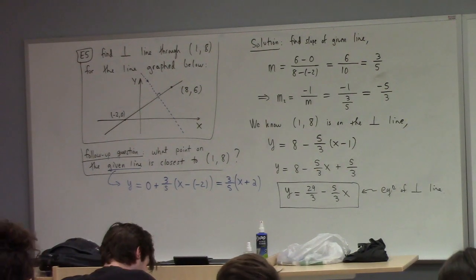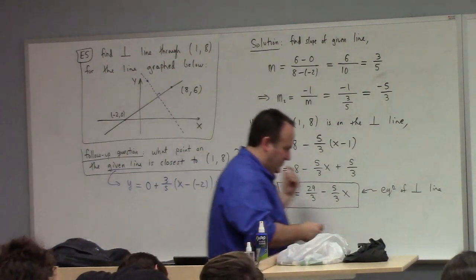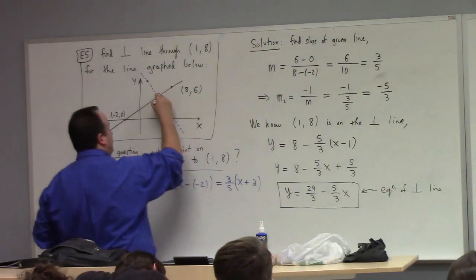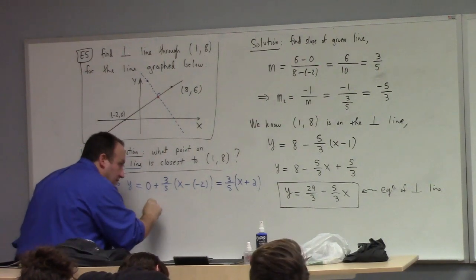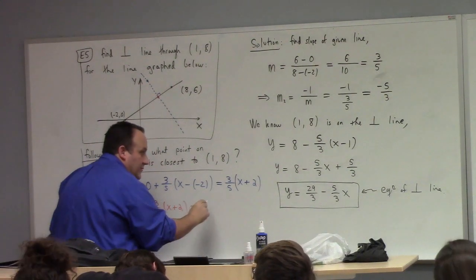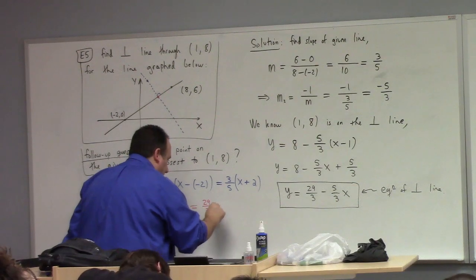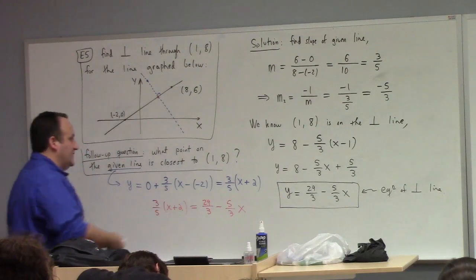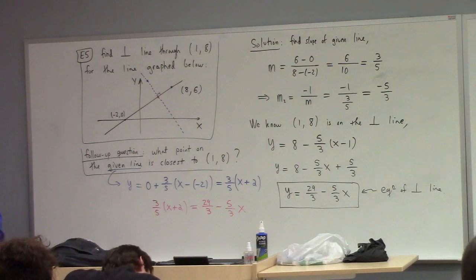So to find this point right here, I would set 3/5 x plus 2 equal to 29 over 3 minus 5/3 x. And you'd have to solve that to find that point. It's not going to be anything pretty, like my other example.